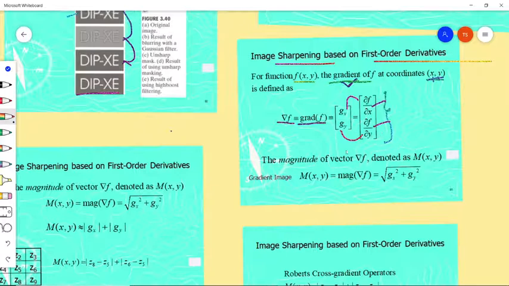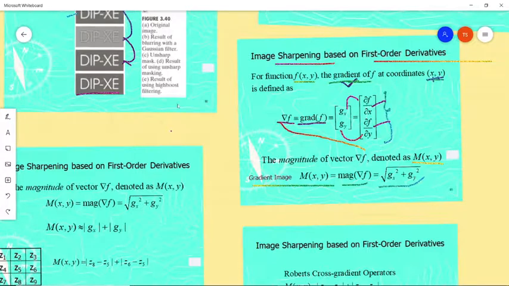And the magnitude of the vector is denoted by m of x comma y. Now the gradient image m of x comma y is the magnitude of the gradient of f. This is expressed as the square root of gx squared plus gy squared. This is the expression for the gradient image magnitude of f.